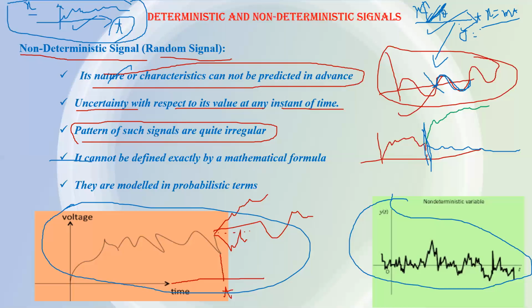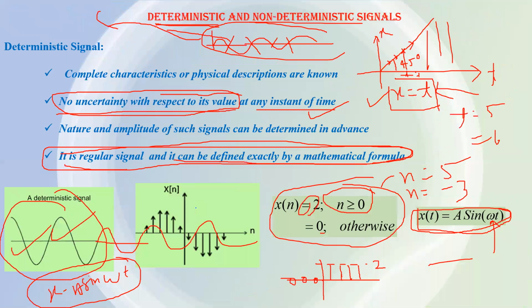If you are able to write mathematical expression from the plot, then it is deterministic. And if you are not able to write mathematical expression from the plot, then it is non-deterministic signal or random signal. Random noise in electrical engineering is an example of non-deterministic signal. And voltage and current existing in electrical engineering are deterministic signals.